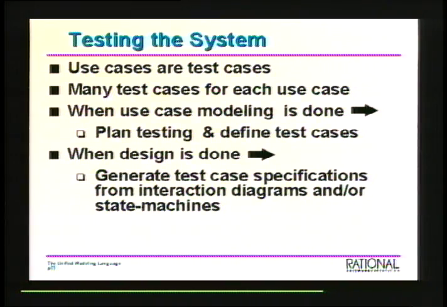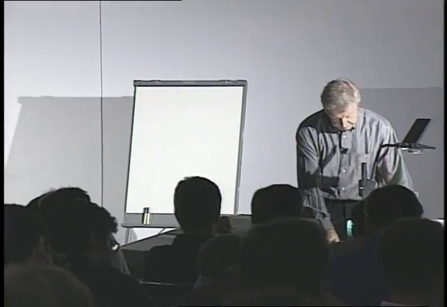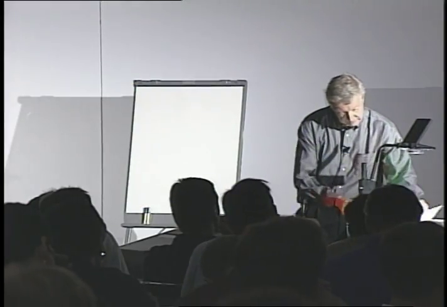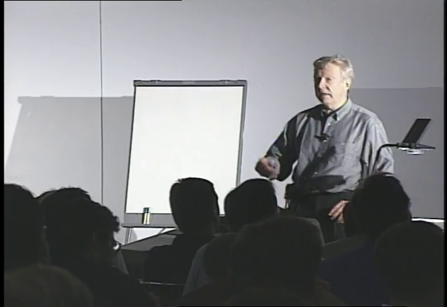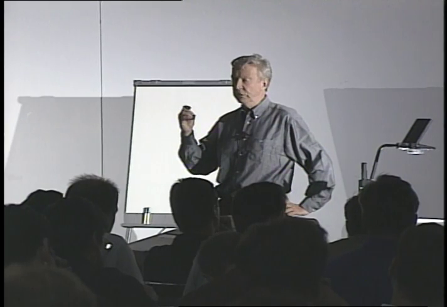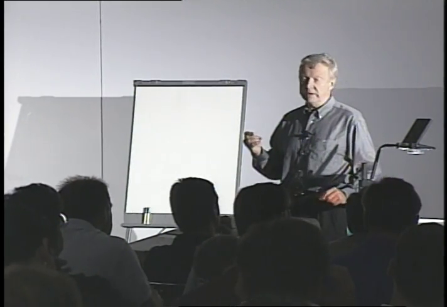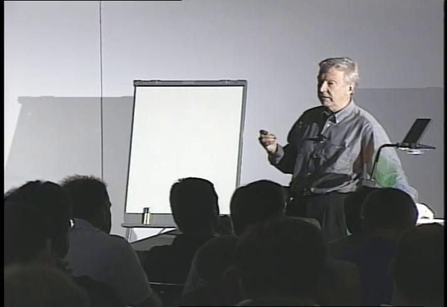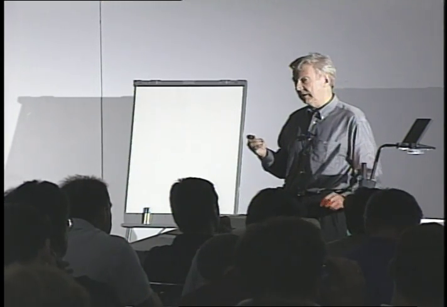So the good thing is, once you have done the analysis and identified all the use cases and specified them, then you can start several activities. You can start the design and implementation, but you can also start planning the testing work.